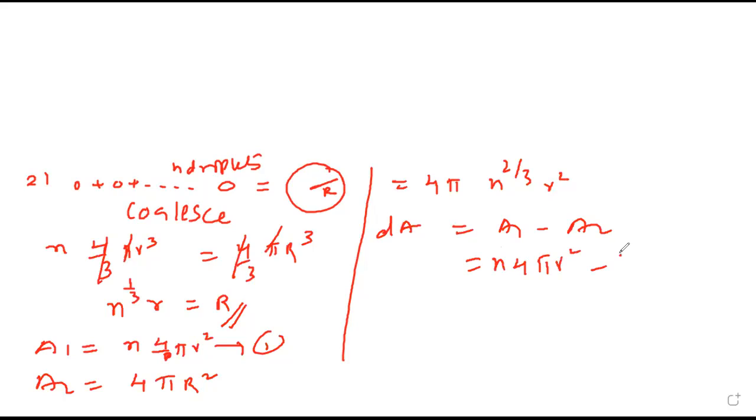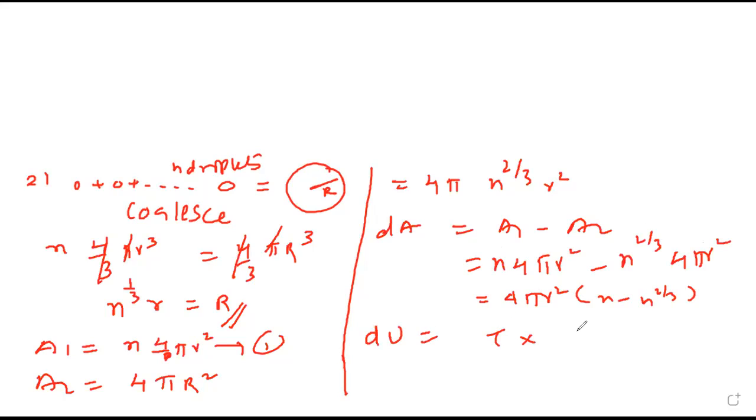N into 4 pi r square minus n raised to 2 by 3 4 pi r square. That is 4 pi r square, n minus n raised to 2 by 3. Therefore, change in energy is T into change in area, which will be T into 4 pi r square, n minus n raised to 2 by 3.